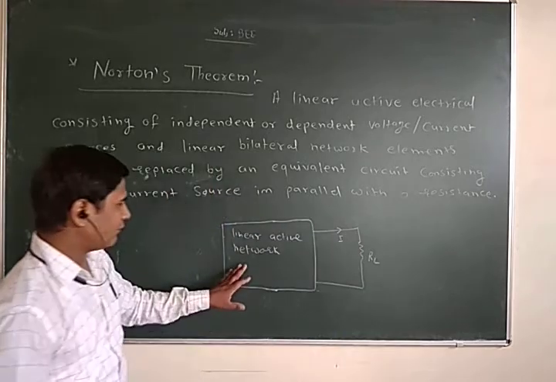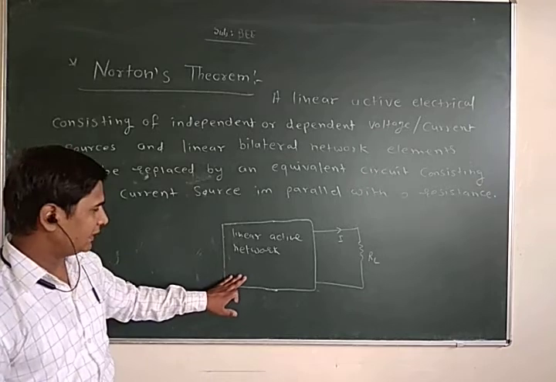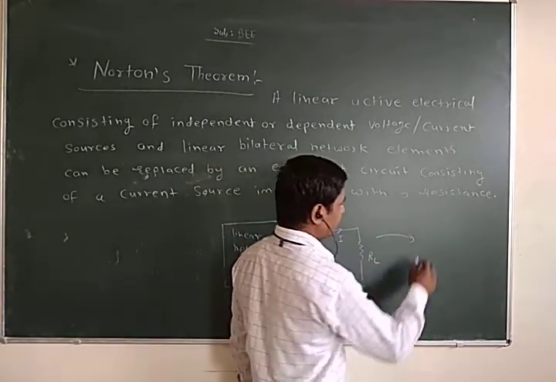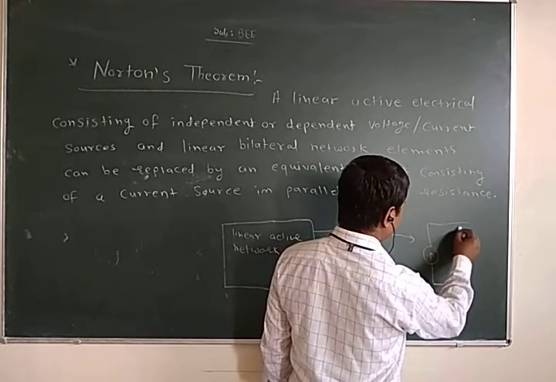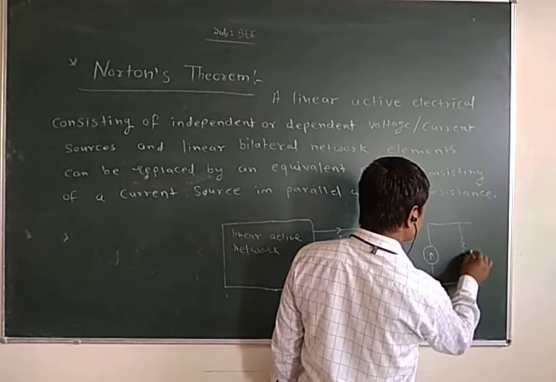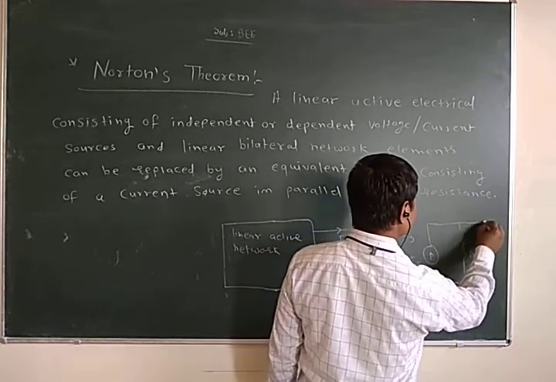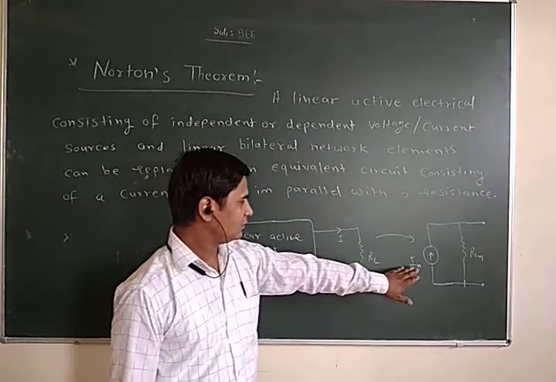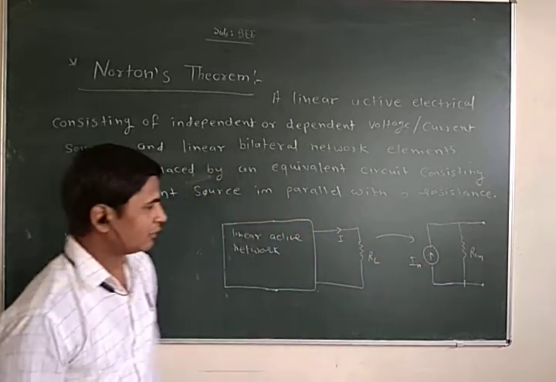So this type of network, a linear active network whose elements are linear bilateral, can be replaced by an equivalent circuit which consists of a current source with a parallel resistance. This current IN is Norton's current and the resistance is Norton's equivalent resistance.